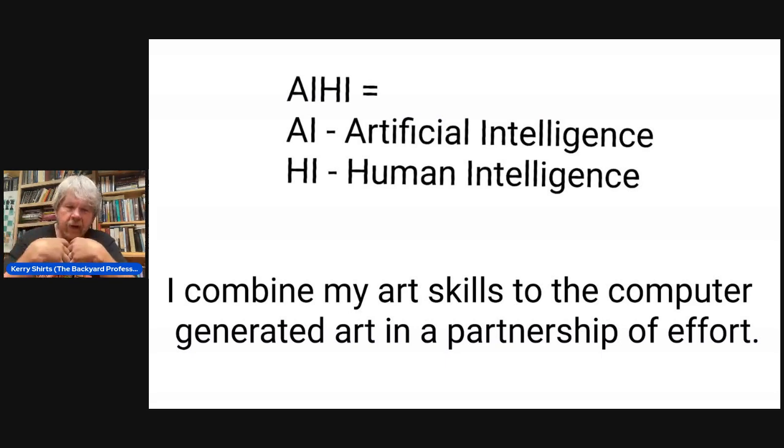So I combine my art skills to the computer generated art in a partnership of effort. So it's AIHI art. This is the AIHI art of the Backyard Professor, Carrie Shirts, that's me. So in my first one, I basically showed you the principle of how the artificial intelligent computer shows the art and all.